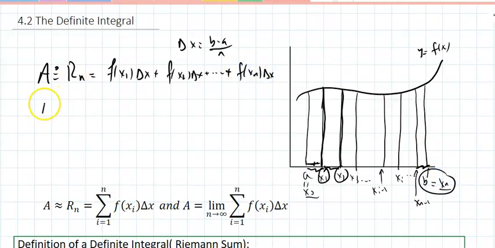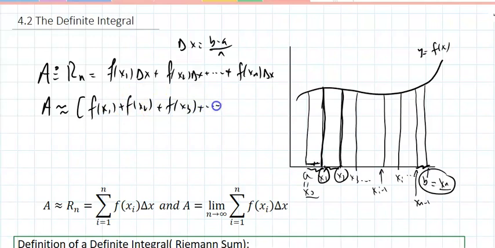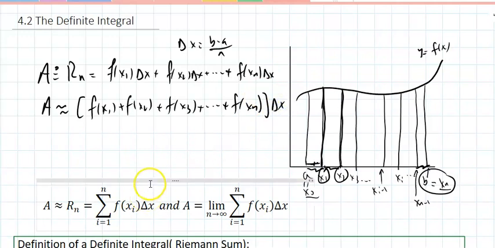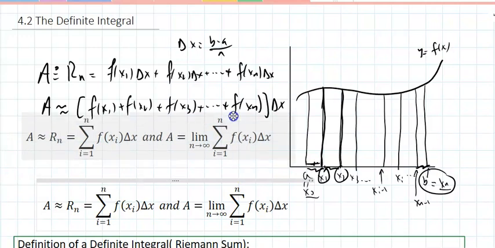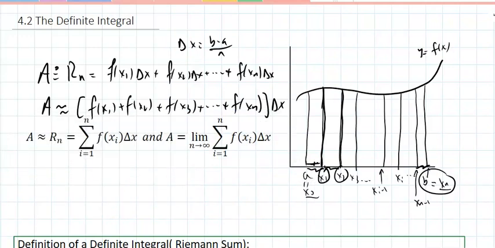So we're going to say area is roughly, if I factor delta x out, f of x sub 1 plus f of x sub 2 plus f of x sub 3, and the list goes on, plus f of x sub n, times delta x. And if I write that as a summation, area is roughly that.